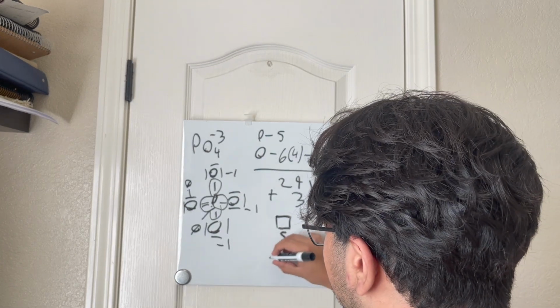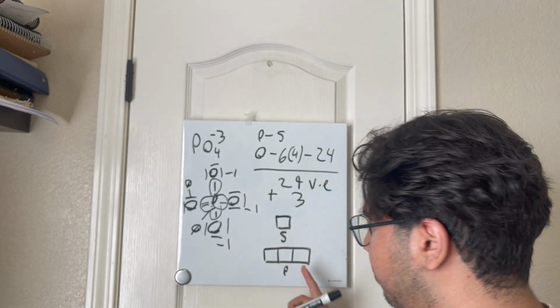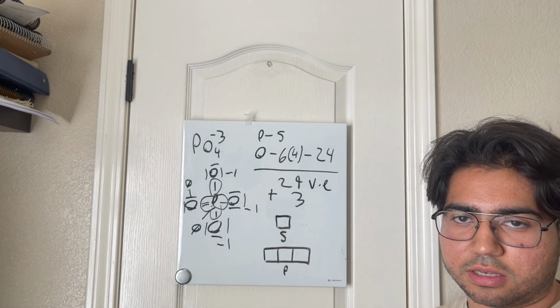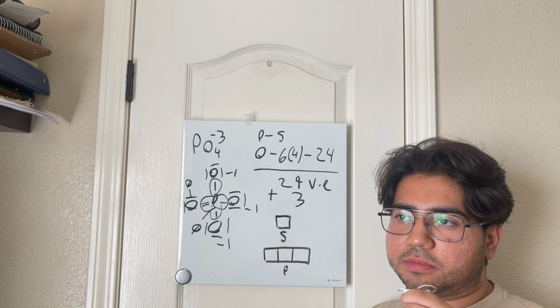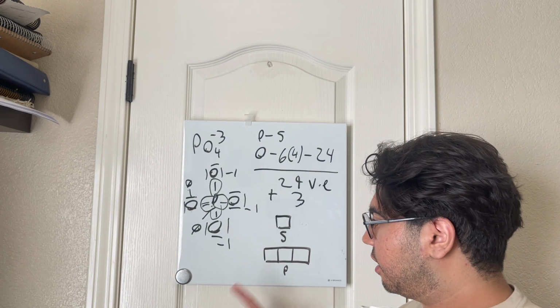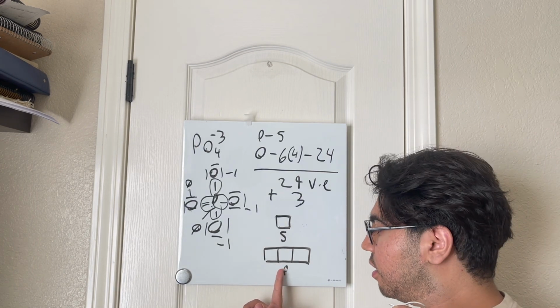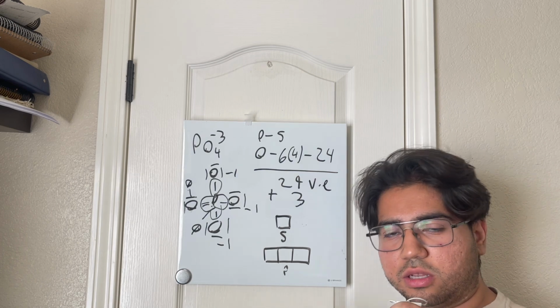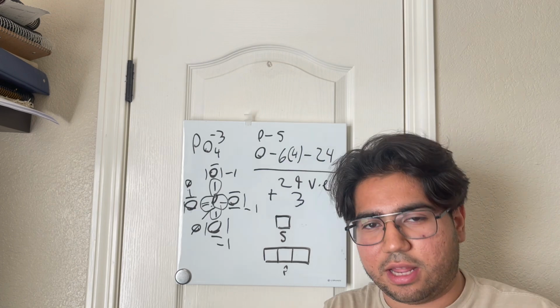The P block has 3 boxes, so we're filling in those 3 boxes. And then the D block has 10 boxes. So after you fill in the P orbitals, then you go on to the D. That's the reason that we count like that.